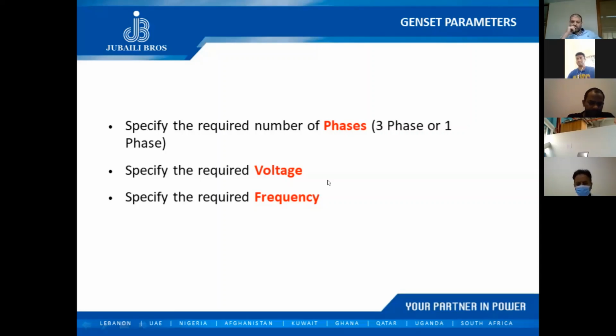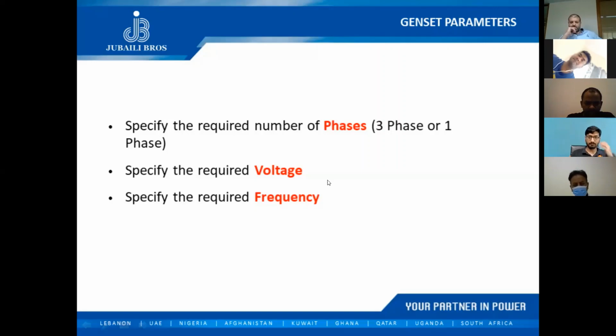We'll also have to consider the frequency we're operating at. Is it 50 or 60? Now, frequency is more related to the engine part of the generator, to the rotational speed of the engine, whether it should run at 1500 RPM or 1800 RPM. And definitely, with higher rotation, there's more power generated.